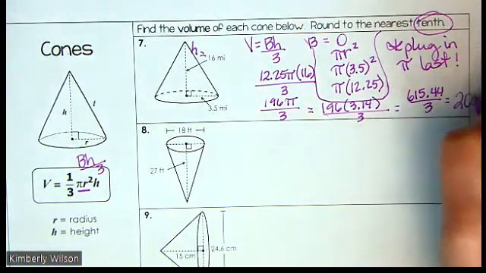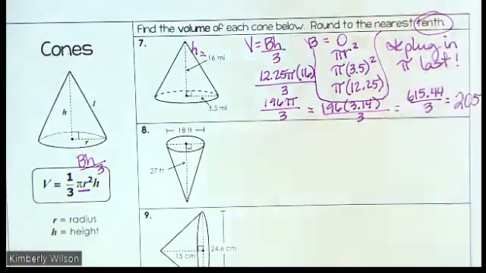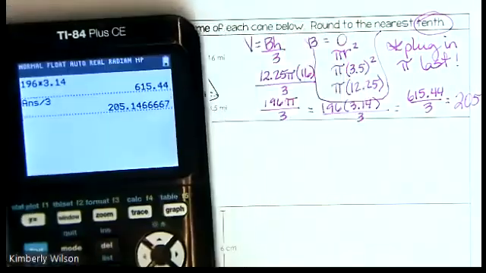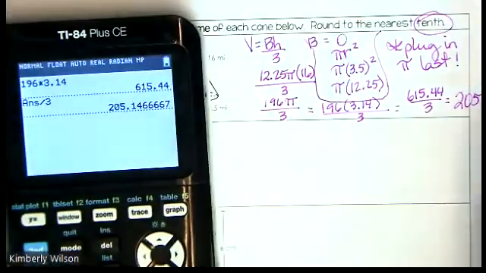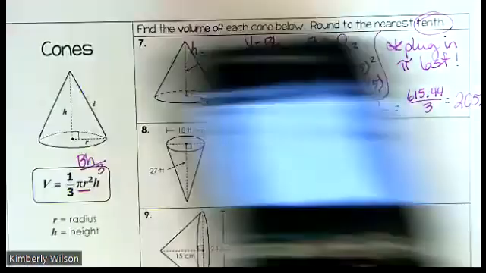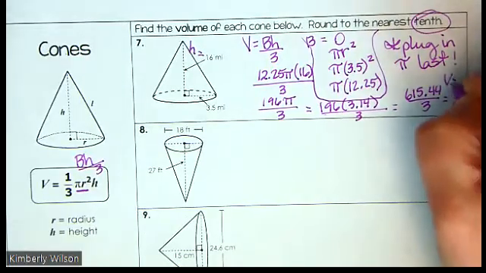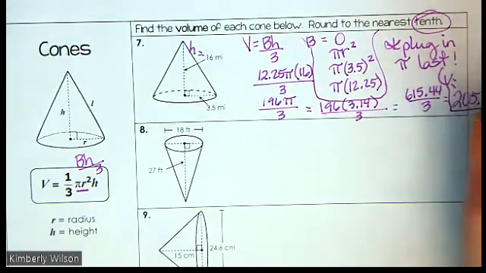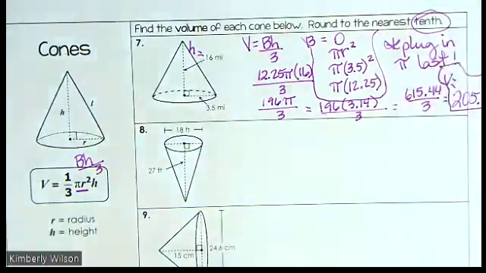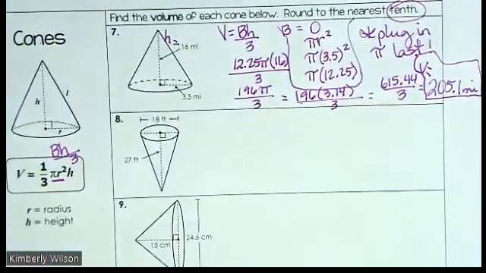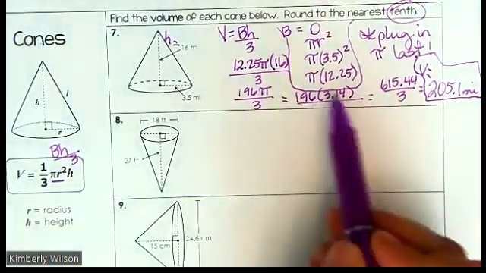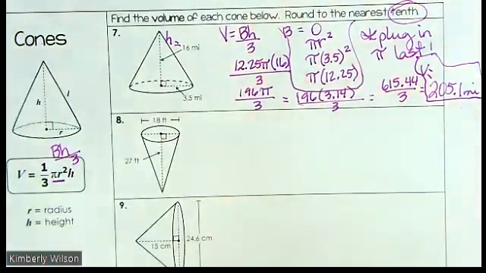So I get 205, and it says round to the nearest tenth. So when I'm looking at my calculator, this is going to be 205.1. What's my units here? Miles. This is what my volume equals. Now, the pi button might be a little bit off from what your answer choices are, but remember, we're using 3.14 instead of pi.